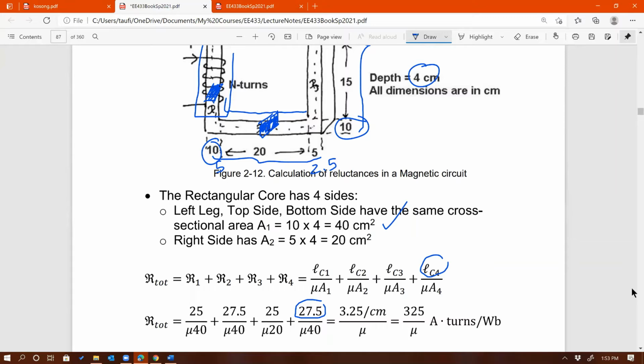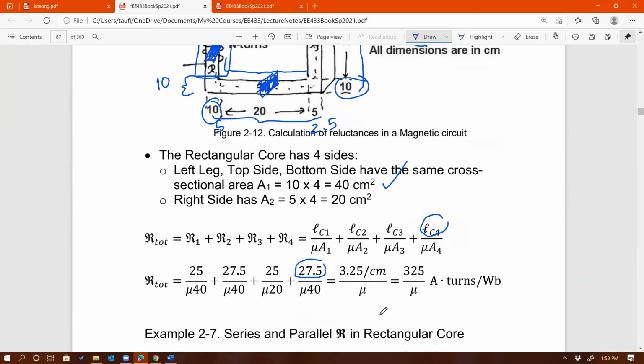Yes, the width is 10, so that's this side right here. That's 10. And then the depth is 4. So it should be 10 by 4. Is that right? Yeah, it is. 10 by 4. So 40. Okay, any questions on this?